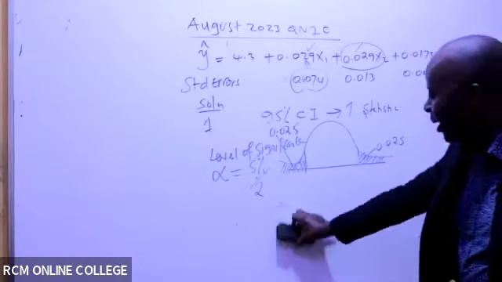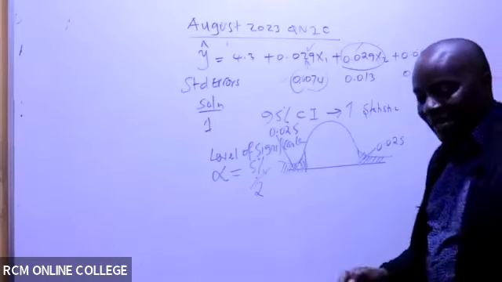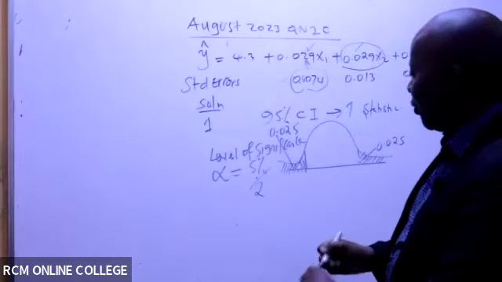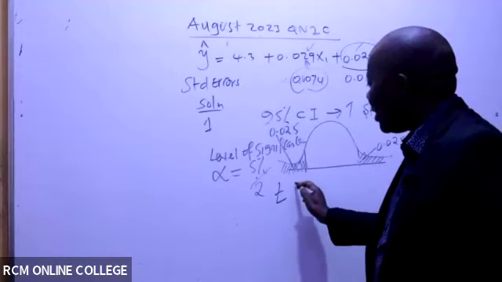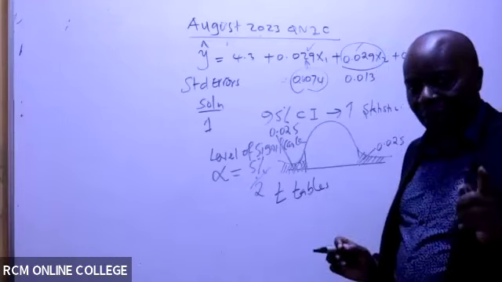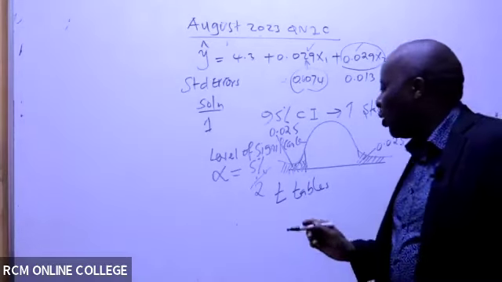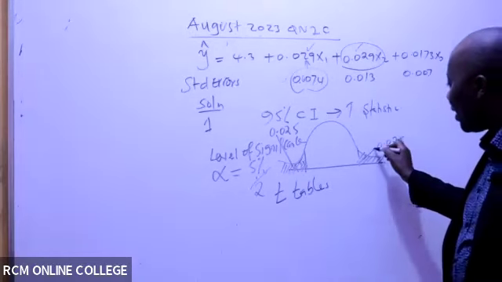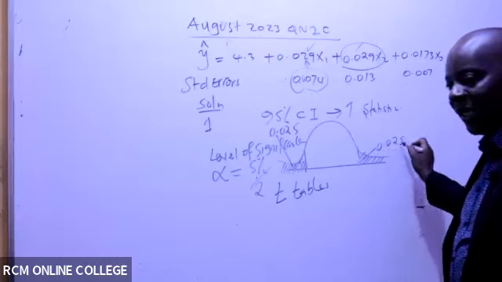Now, ladies and gentlemen, from there we go and read our t tables value. We'll be given t tables, and we know in this case that we have one tail. Remember, you normally use one tail now.